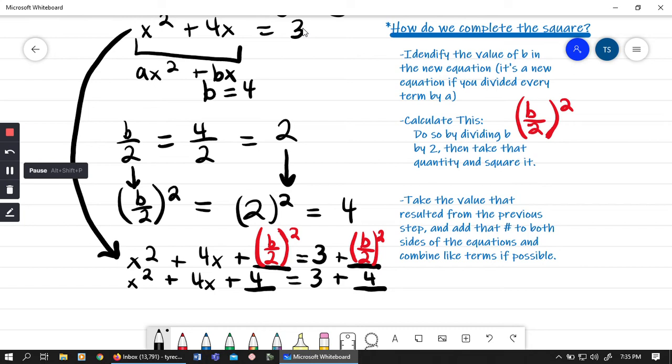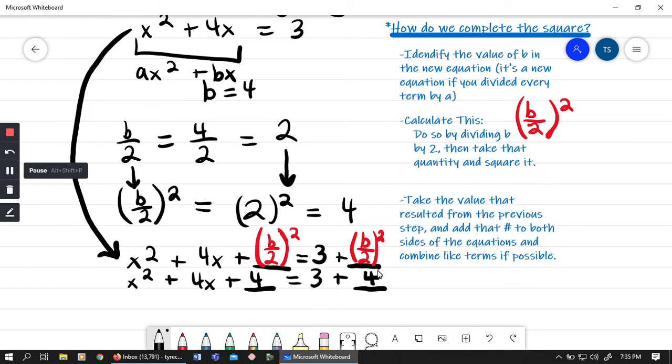Plus 4. Now that we've added that number to both sides, let's see if we can combine like terms. Guys, remember, combining like terms only works when the terms are on the same side of the equal sign. The 3 terms on the left side you can't combine, because they're not like terms. But the 2 terms on the right side, 3 and 4, we can combine.